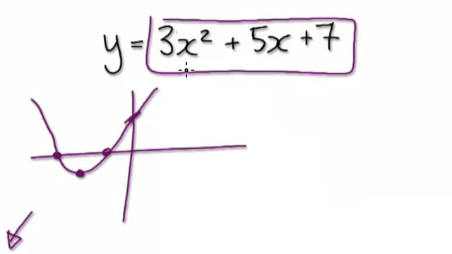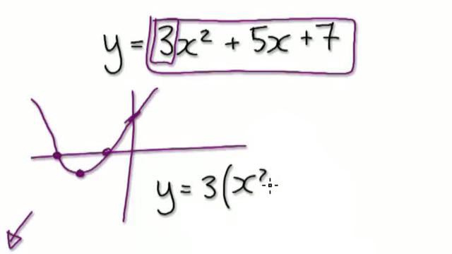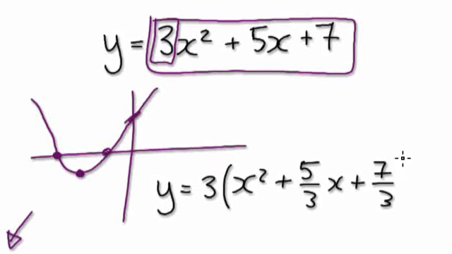Okay, so the first thing you do is, we are only good at dealing with the coefficient of x squared being 1. So you take the 3 out as a factor. So this will be y equals 3 bracket x squared plus 5 over 3 x plus 7 over 3.